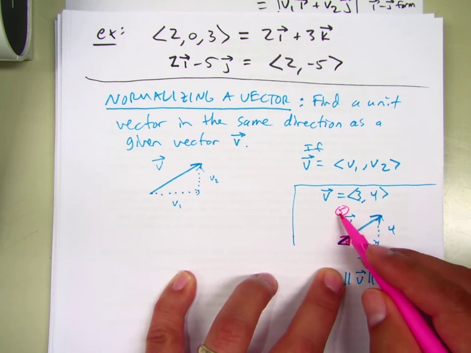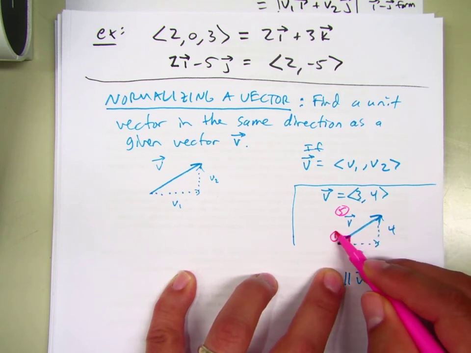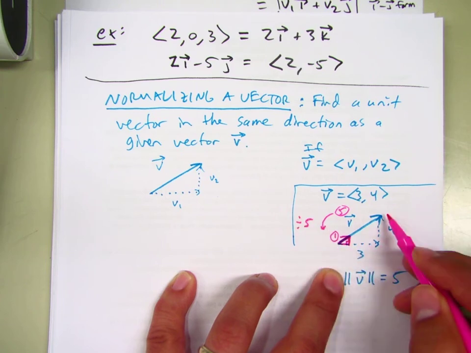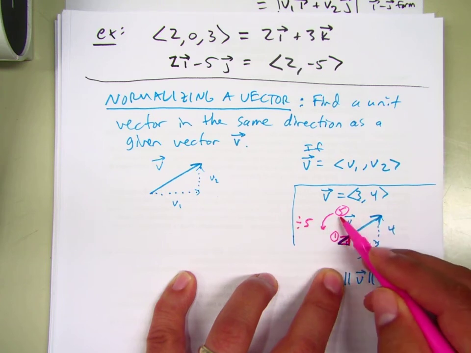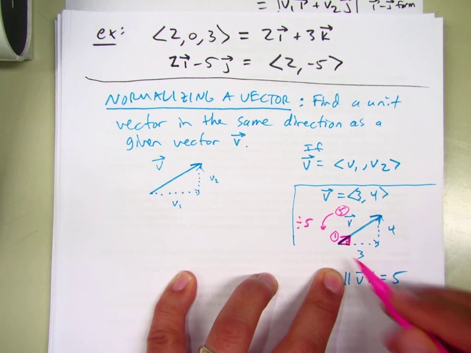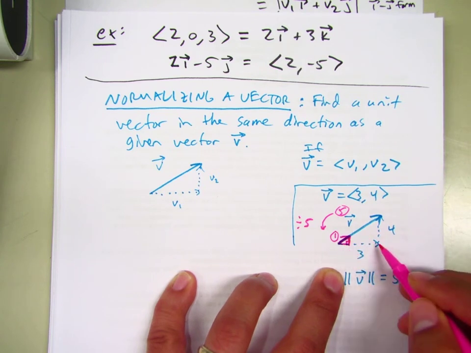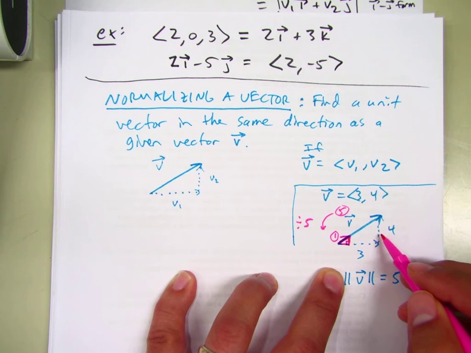So to get from 5 to 1, we're just dividing this length by its length, which is 5. So 5 divided by 5 is 1. And if we divide this hypotenuse by 5, the leg has to get divided by 5, and so does this leg. That has to get divided by 5.